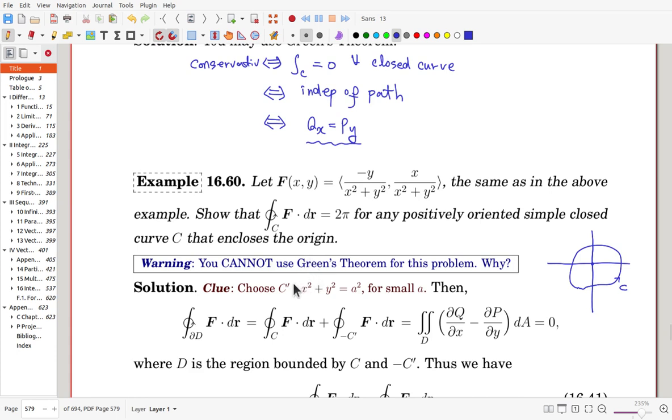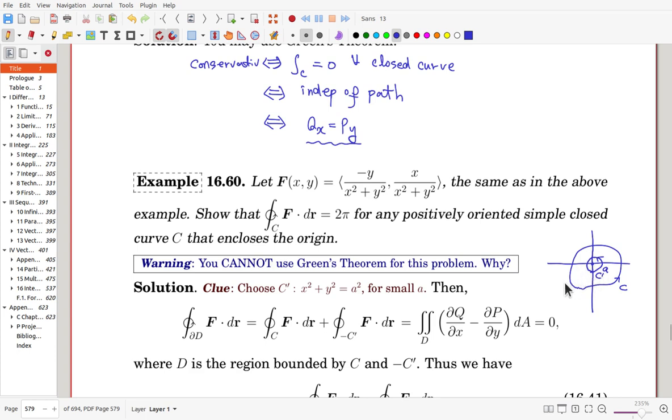In order to do that, we introduce another curve, C prime, that is a circle of radius a for small a. Once the origin is inside this closed curve, then we may have a circle of radius a. Of course, C prime is defined in this way, positively oriented.